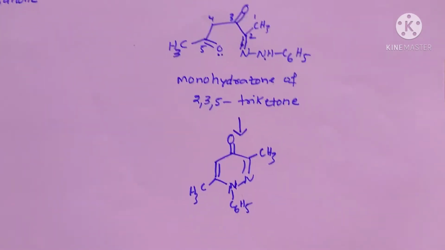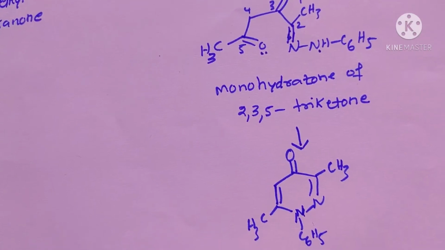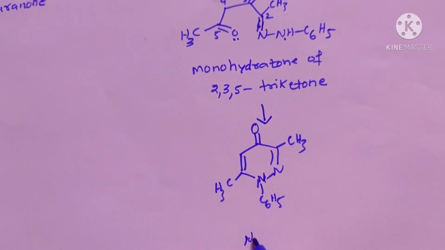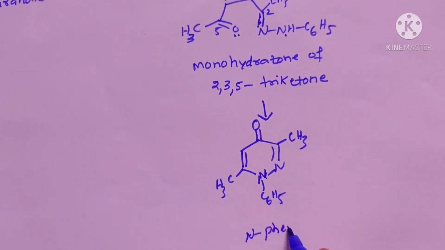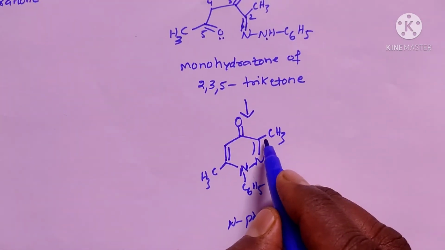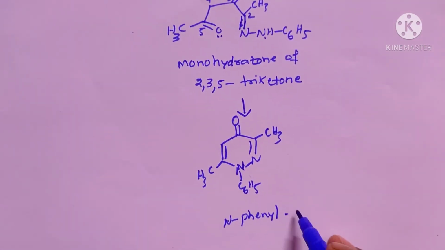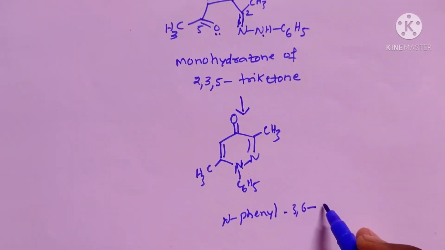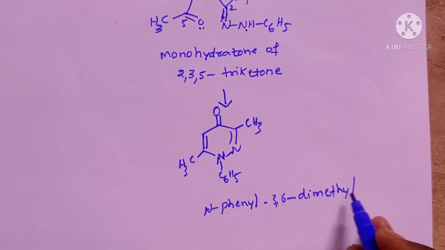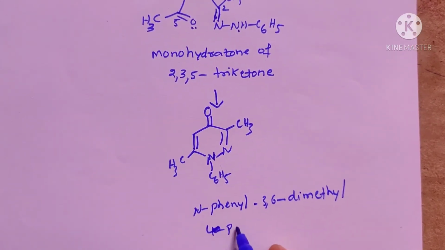So as a result, we get this compound, and its name is pyridazin-4-one. So 1-phenyl, 3 and 6, so 1-phenyl-3,6-dimethylpyridazin-4-one.